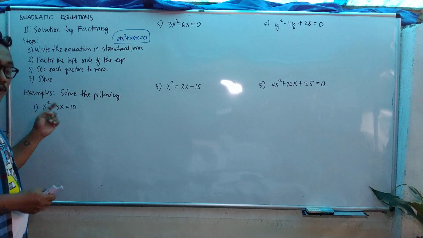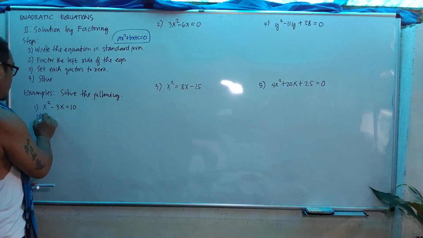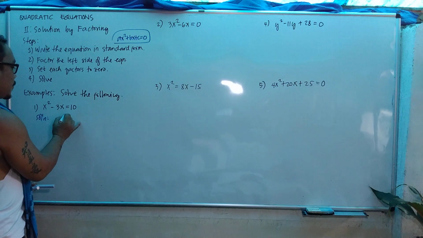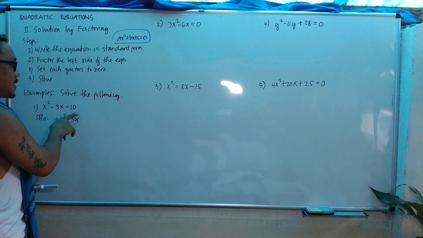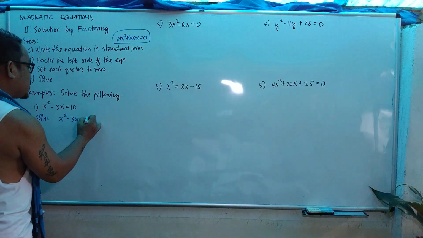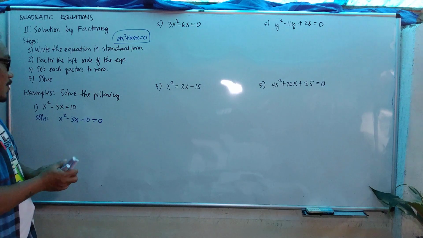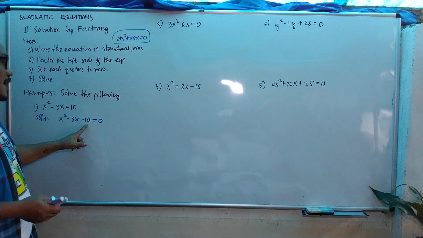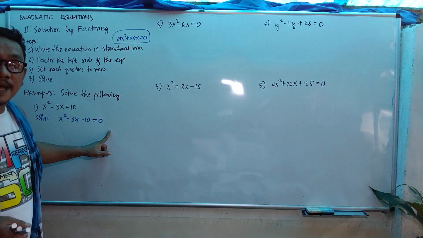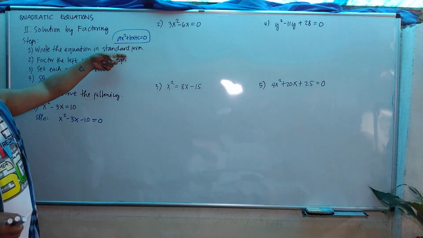We copy x squared minus 3x, then positive 10 moves to the left side, so it becomes minus 10, is equal to 0. Since 10 was moved to the left side, 0 remains on the right side. So this is now in its standard form.